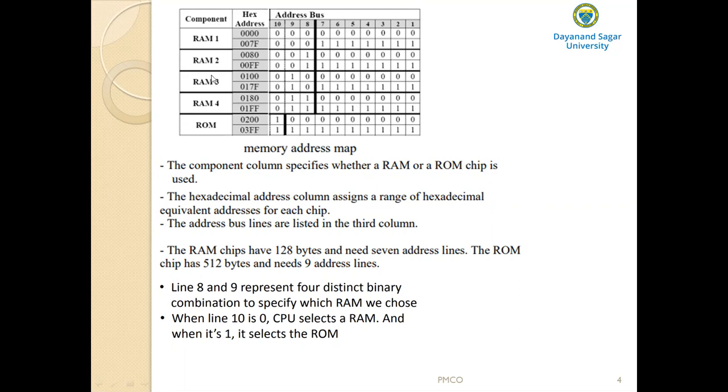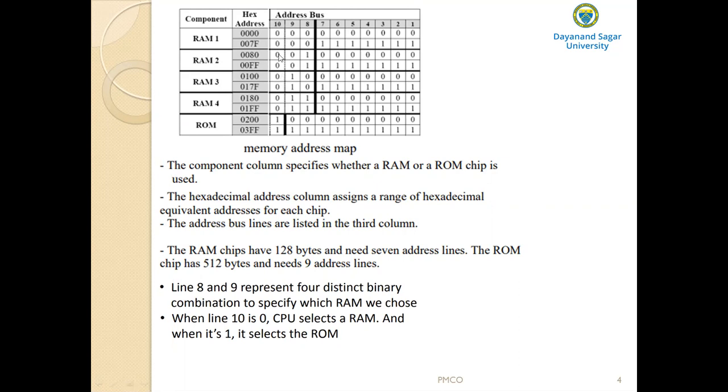So then how do you differentiate between these 4 RAMs and the ROM? For that, again, we will extend the address lines by one more line, that means line number 10. When line 10 is 0, the CPU selects RAM. One more address line is chosen from the microprocessor.